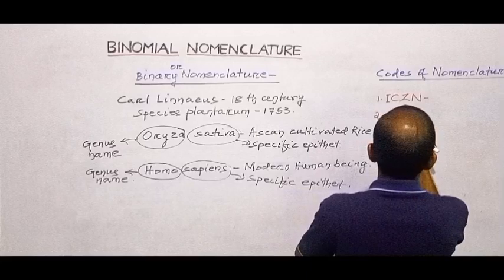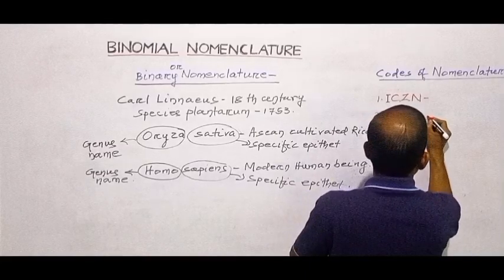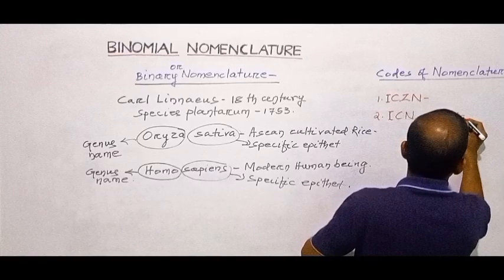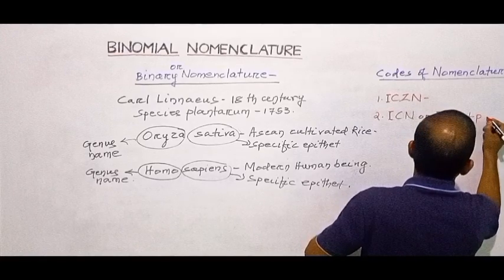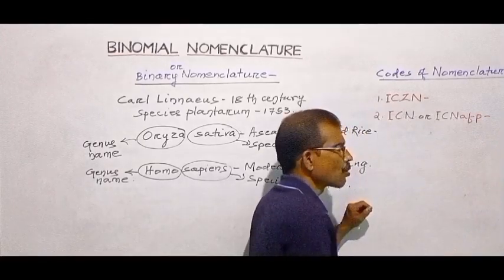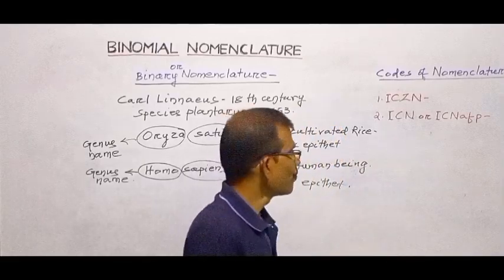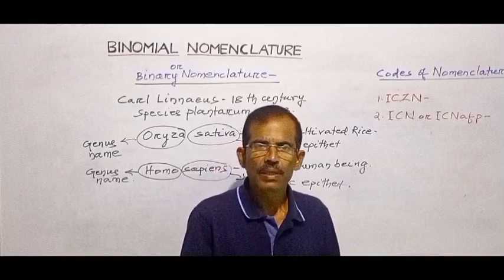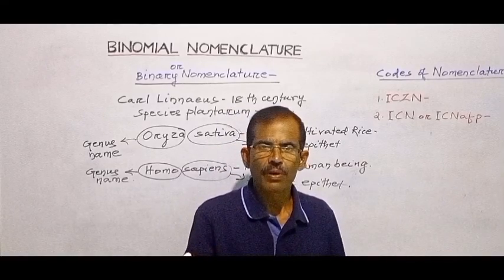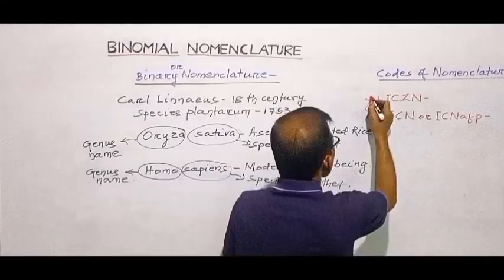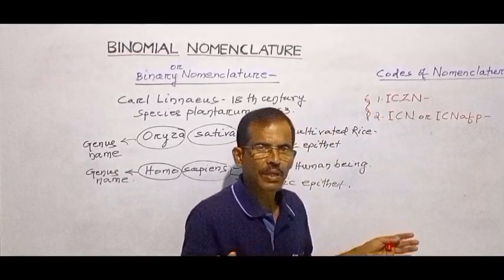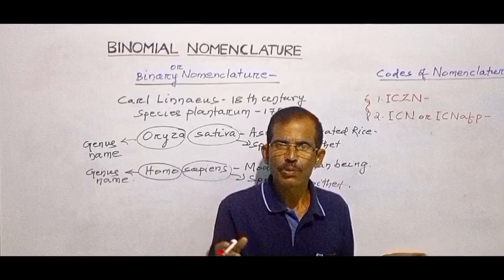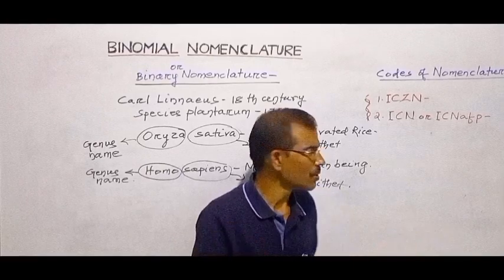It is abbreviated as ICN or ICN AFP. Previously it was known as ICBN. This code is applicable for naming different species of algae, fungi and plants. Both these codes have common general principles, but they differ in the terminologies they use and in their rules.